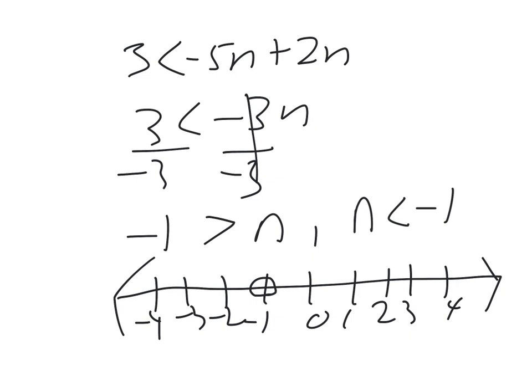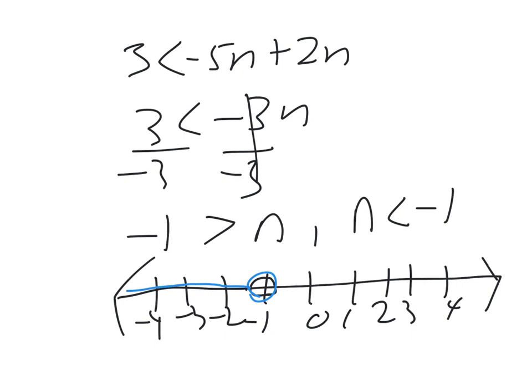So negative 1 is the greatest value, and n can be anything less than negative 1. That includes negative 1.00000000001, as well as negative 2, negative 4, negative 1,000, all of that. So we are going to include them all.